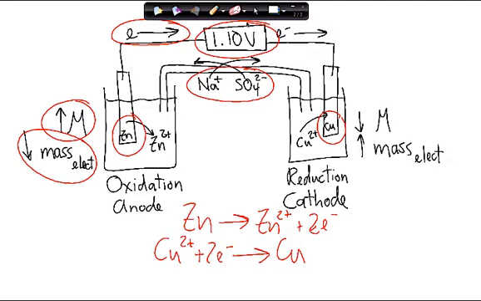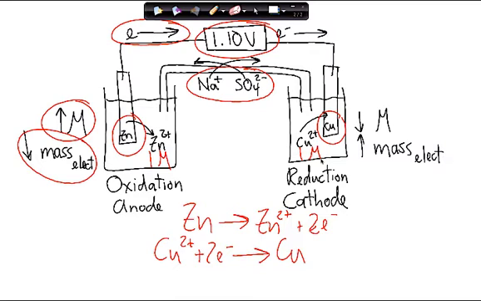And you could write this into your diagram if you'd like. Here's what beginning looks like. This is a 1 molar solution, and this is a 1 molar solution. And it's at some standard temperature, which I think is 25 Celsius. I'm not exactly sure.